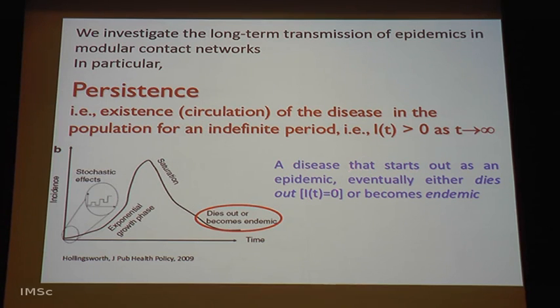Persistence means the number of infected persons is always greater than 0, for longer time periods, as t tends to infinity. This is the endemic state. If the epidemic is persistent, the infected cases are still in the population.